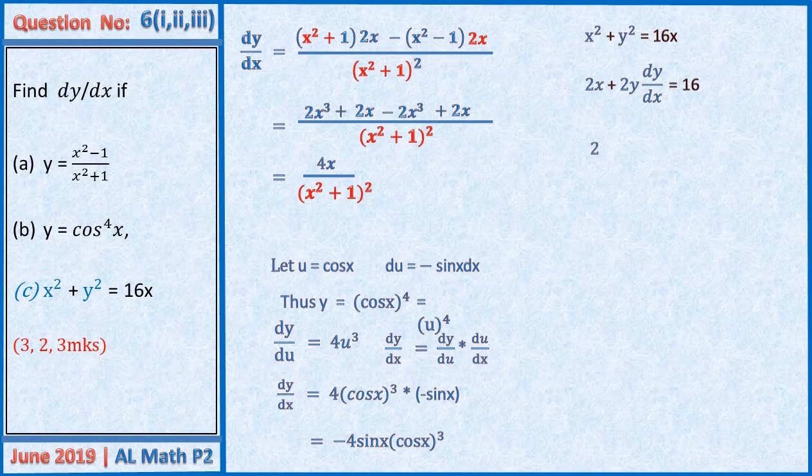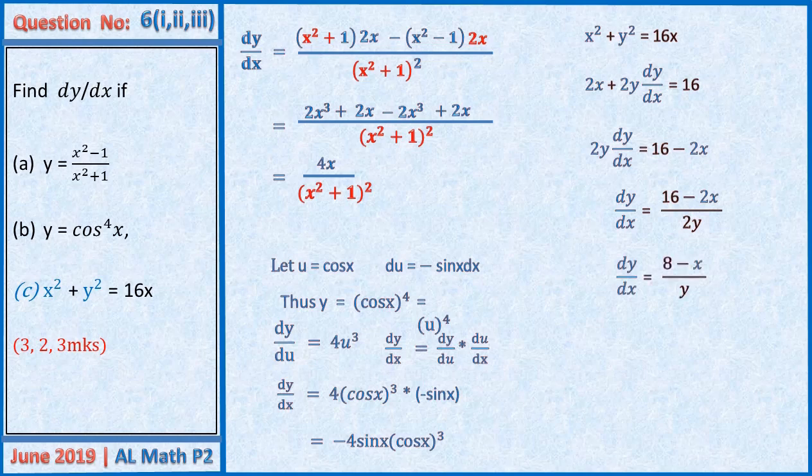So this will give us 2y dy/dx equal to 16 minus 2x, and dy/dx will be equal to 16 minus 2x, all that on 2y. 2 is common, so that gives us 8 minus x on y. But you can obtain y from the equation. If x squared plus y squared equals 16x, then when we make y the subject of the formula, we will now have our dy/dx to be 8 minus x, all that on root of 16x minus x squared.